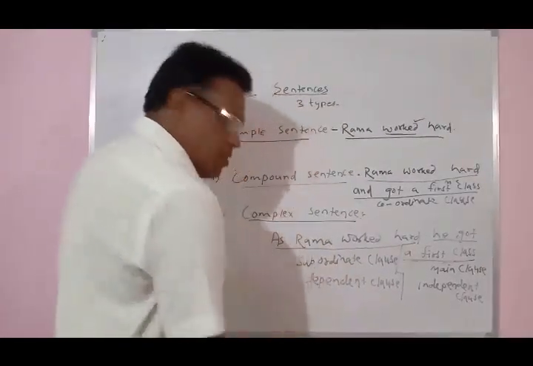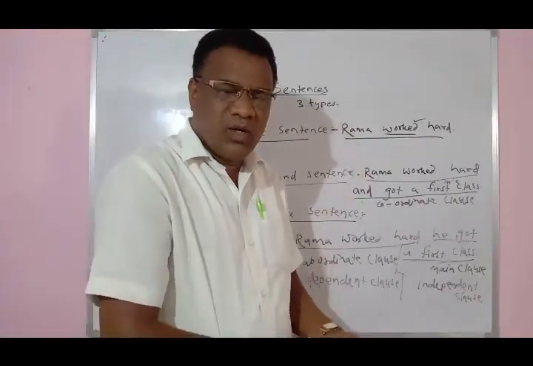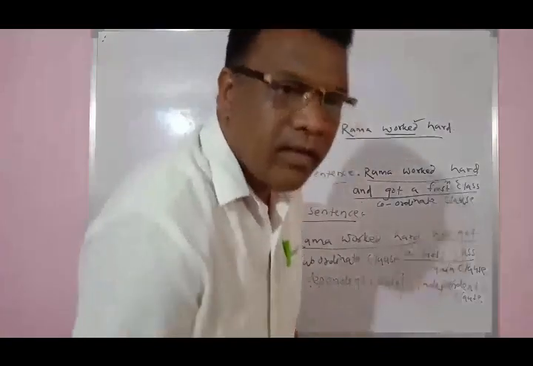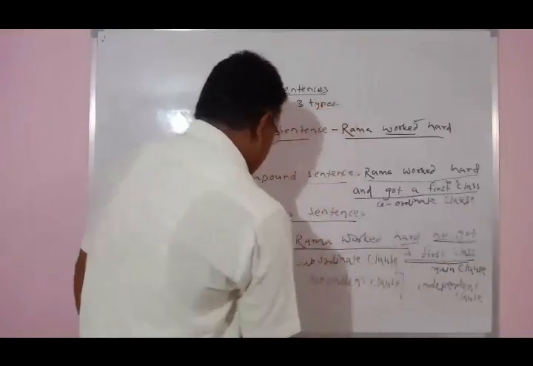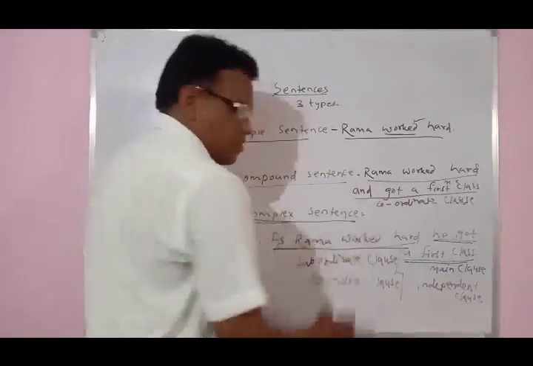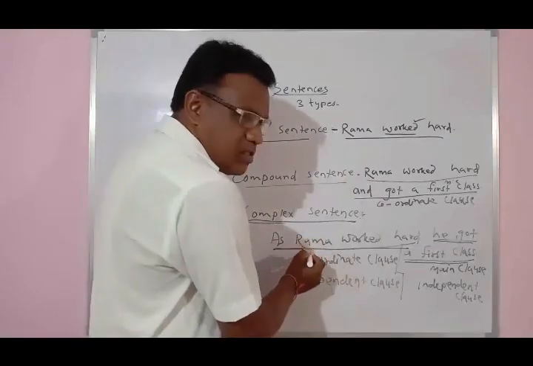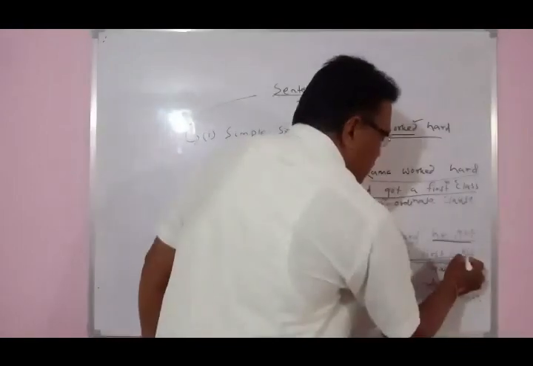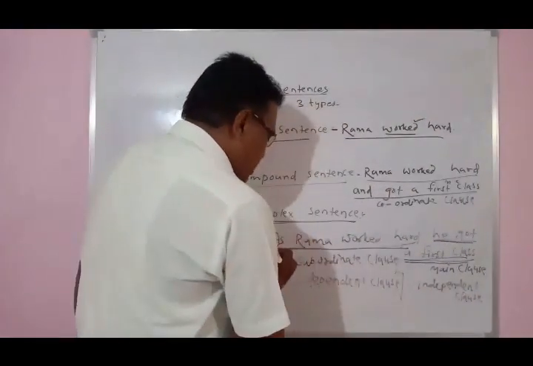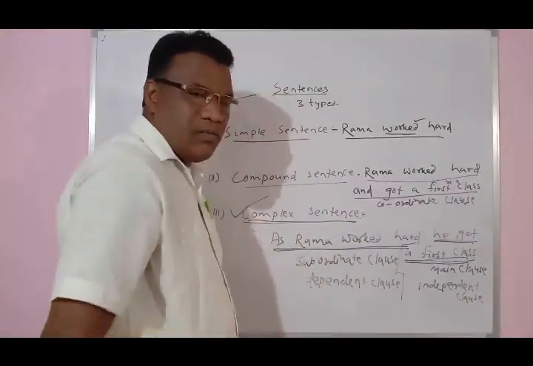So students, the sentence which consists of a main clause and a subordinate clause is called as a complex sentence.